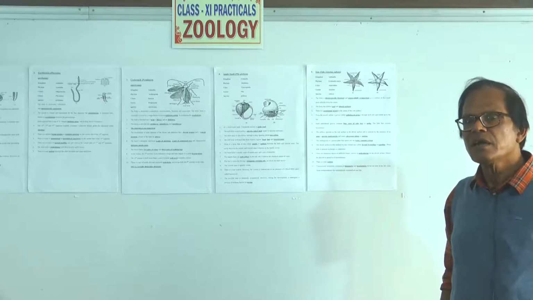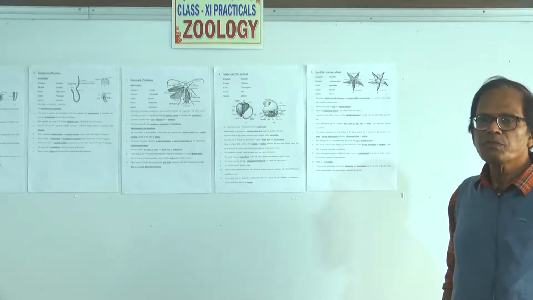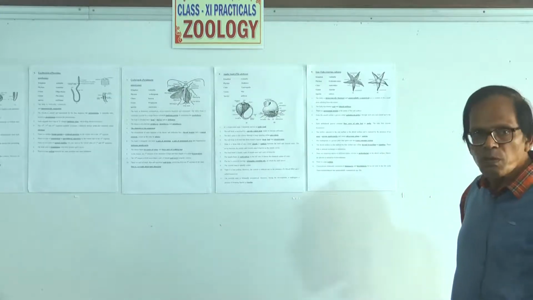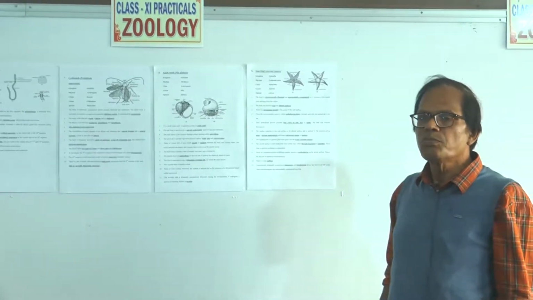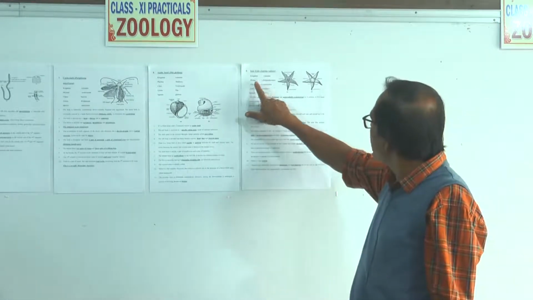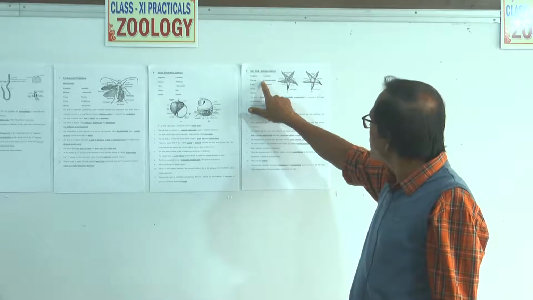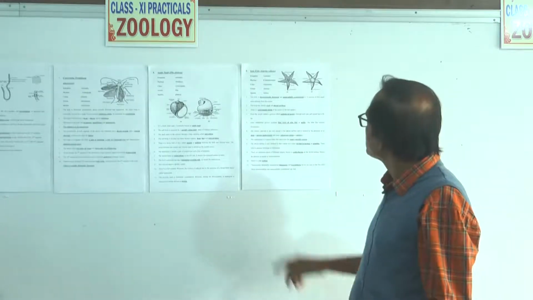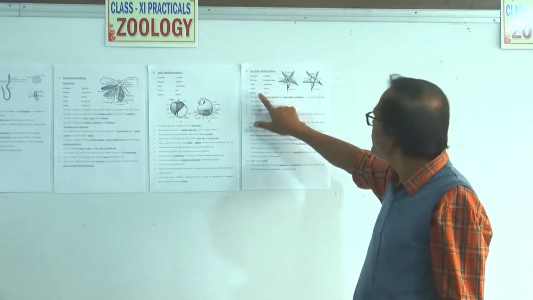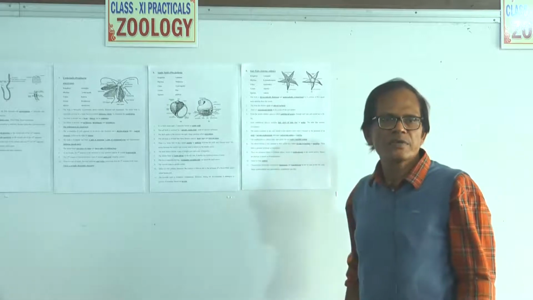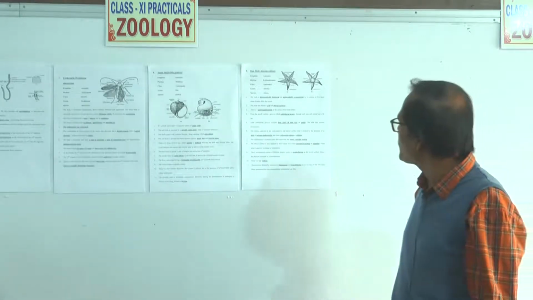The skin feels very rough if you pass your fingers on it. It's rough due to the spiny projections on the skin. Hence, from this feature, the name of the phylum is Echinodermata. The class is Asteroidea, genus is Asterias, species is Asterias rubens.